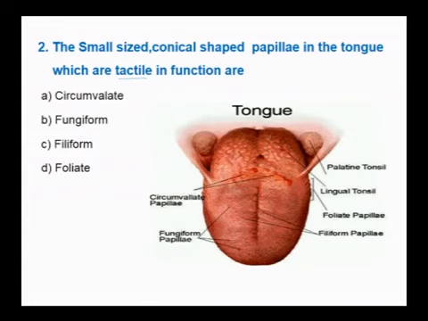Tactile, they in no way help in perceiving the taste of the food, but they perceive the sensation of touch. Which are those? Circumvallate, fungiform, filiform, and foliate. See, it is small sized, exactly at the central portion it is located. You call this filiform papillae.